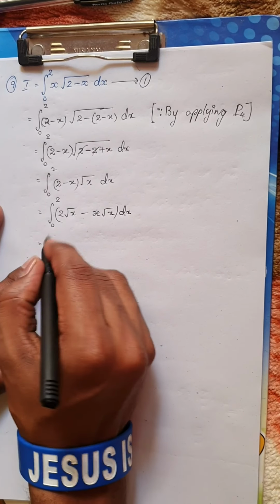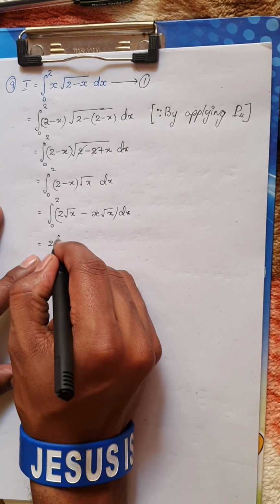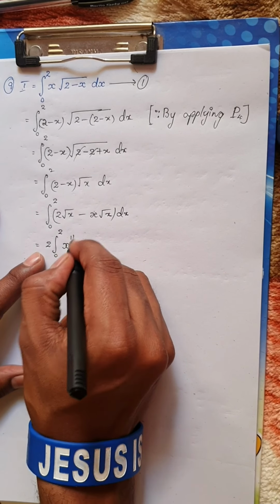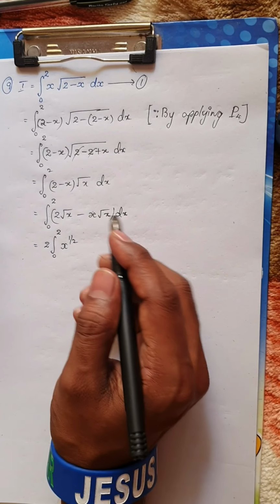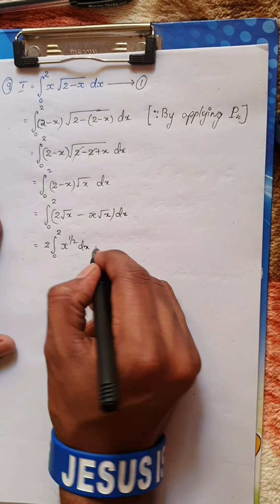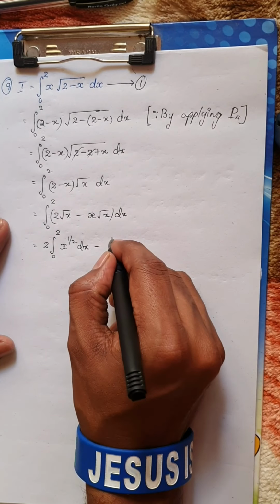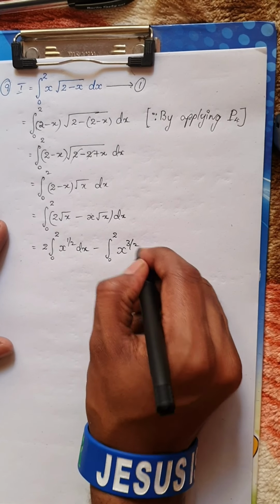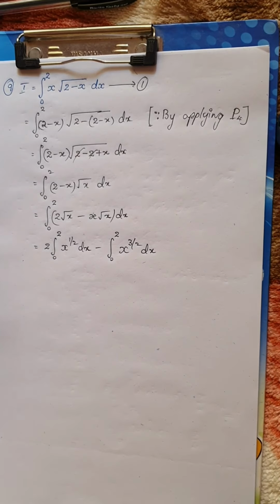Let me split the integral from 0 to 2. 2 is a constant, I have kept it as it is. We know root x is x power half dx, minus again the integral from 0 to 2 of x root x, which is x power 3 by 2 dx.